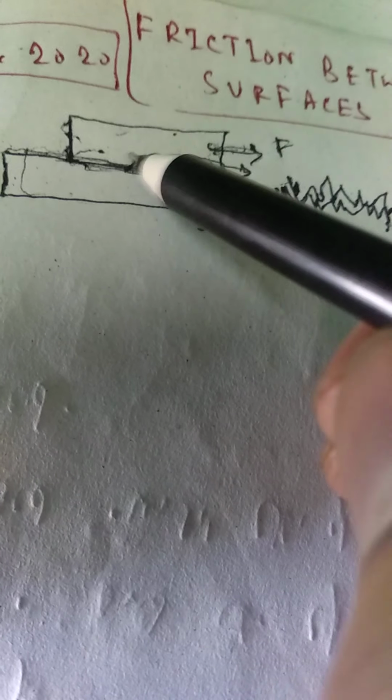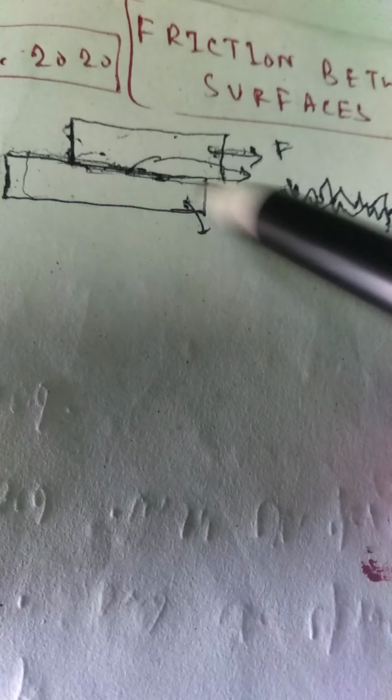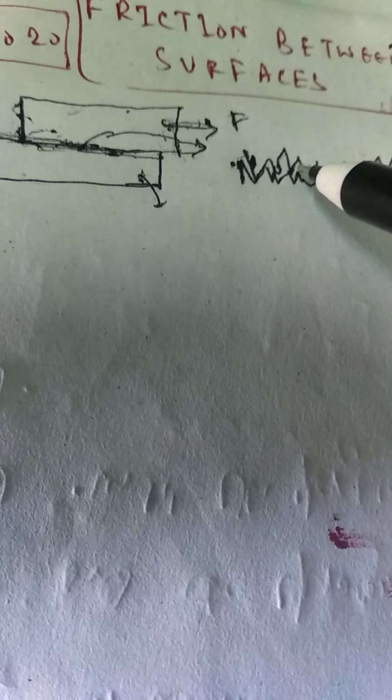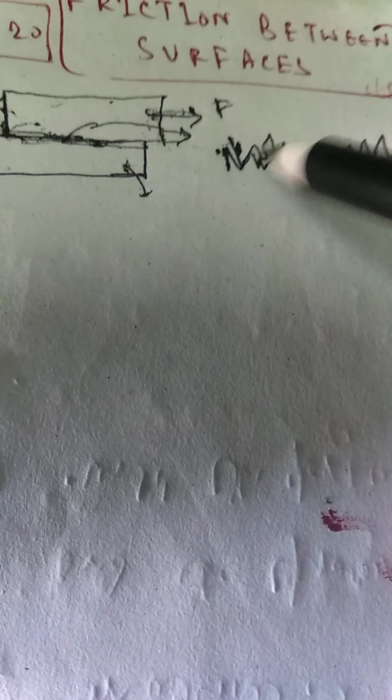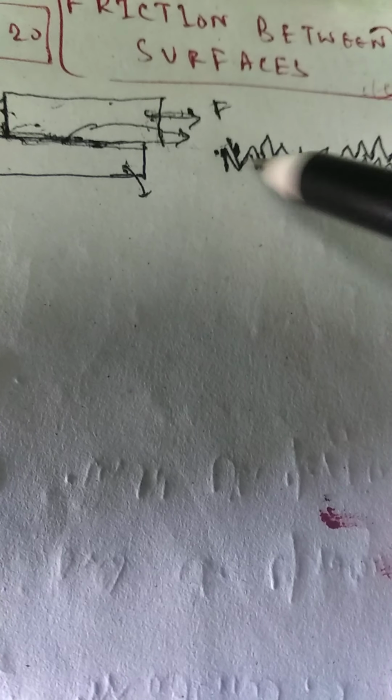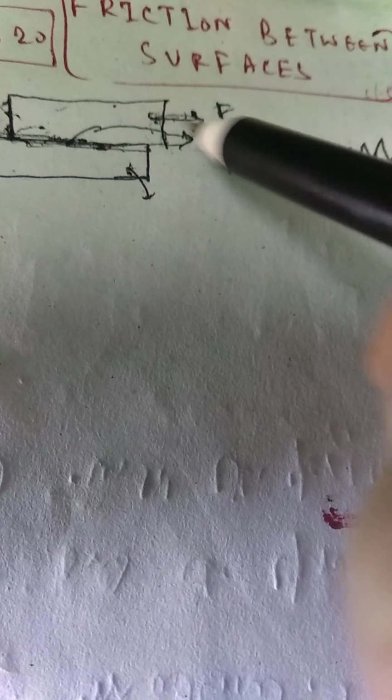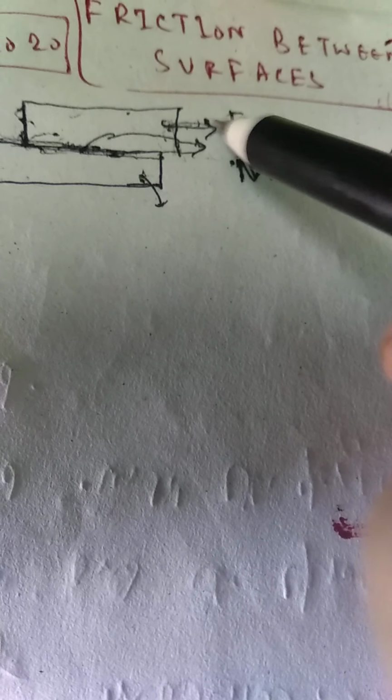Then the force of friction comes into play. Due to the interlocking between these surfaces, the block will tend to oppose the motion due to this force.